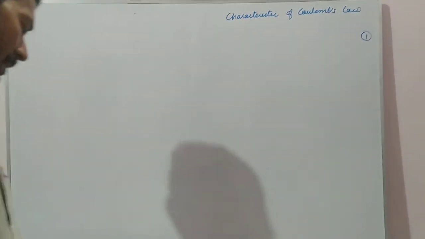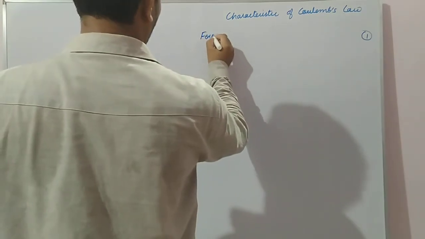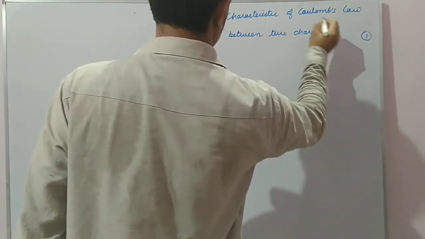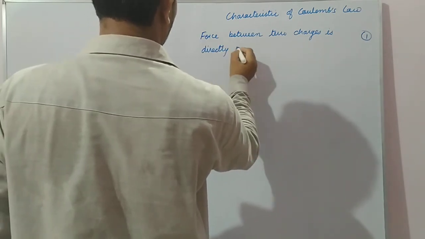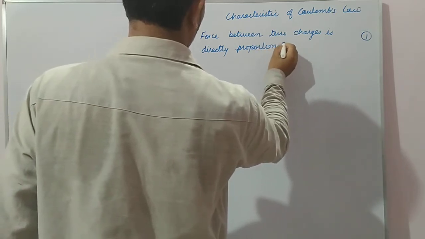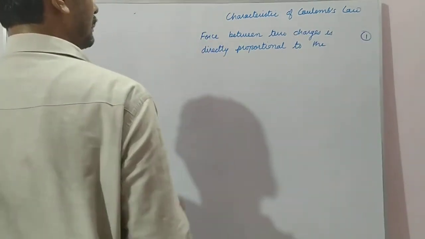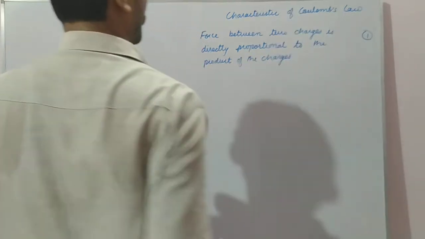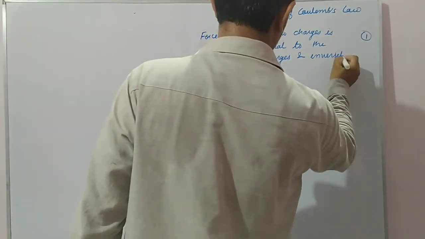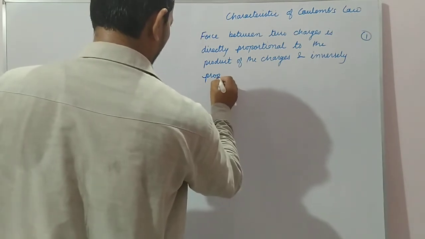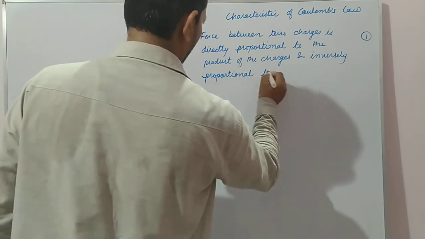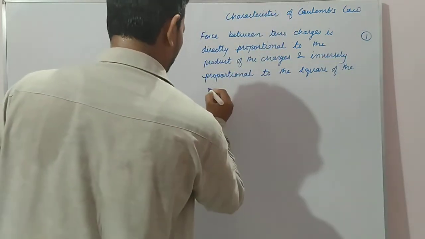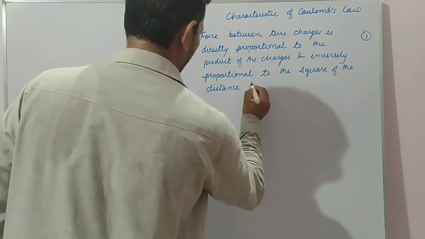Number 1: force between two charges is directly proportional to the product of the charges and inversely proportional to the square of the distance between them.